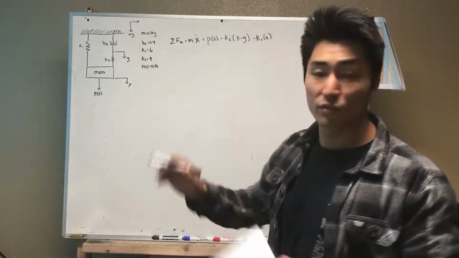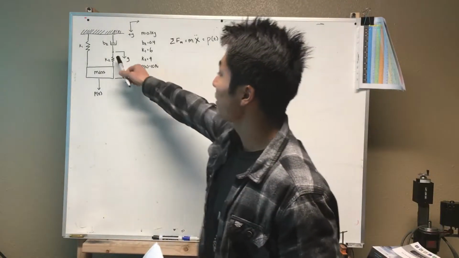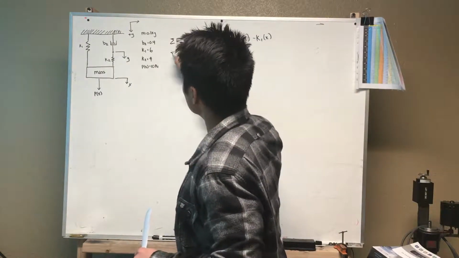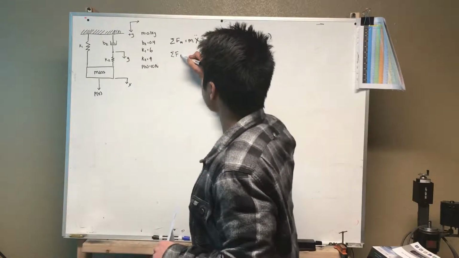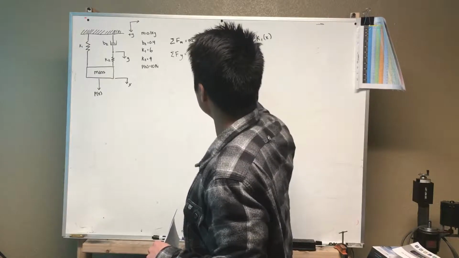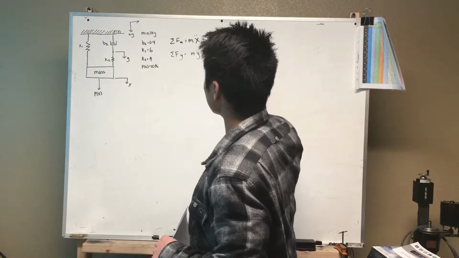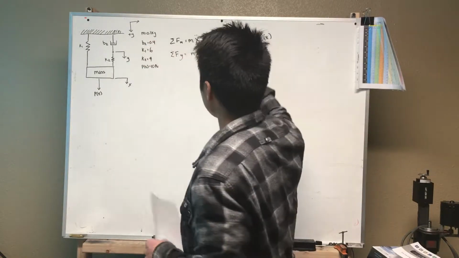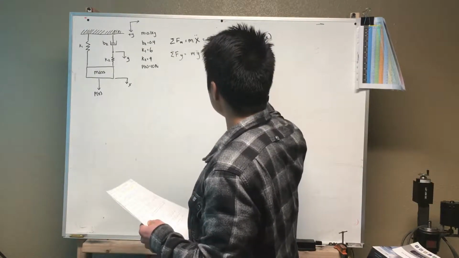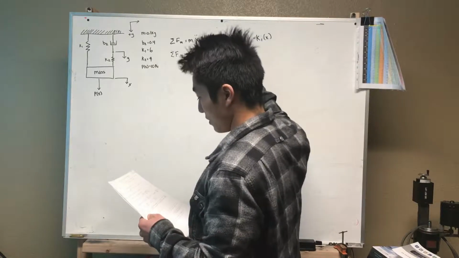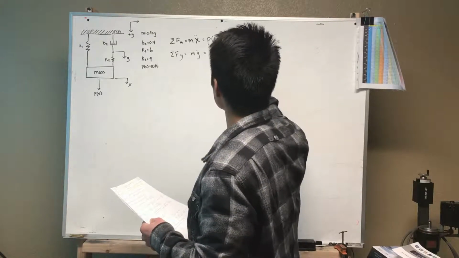For the second equation, we're going to take it right here. We're going to do a free body diagram of what is happening right here. So the sum of the forces at point y is going to be m y double dot equals k2 times (x minus y).